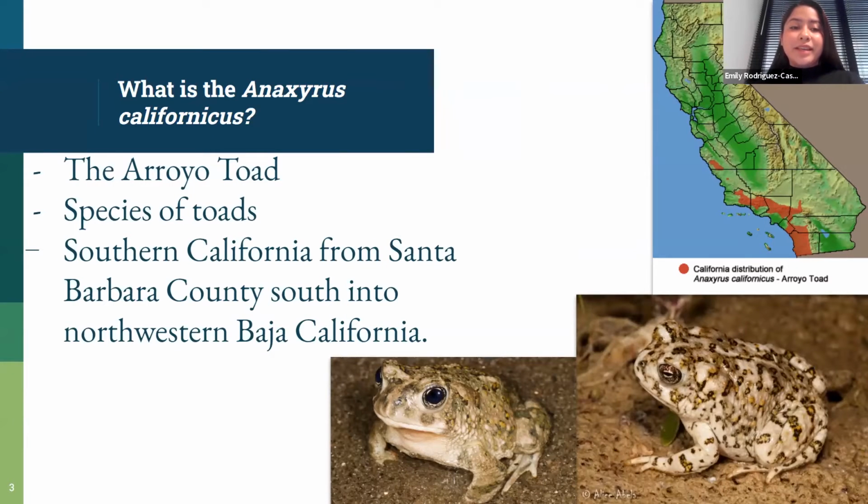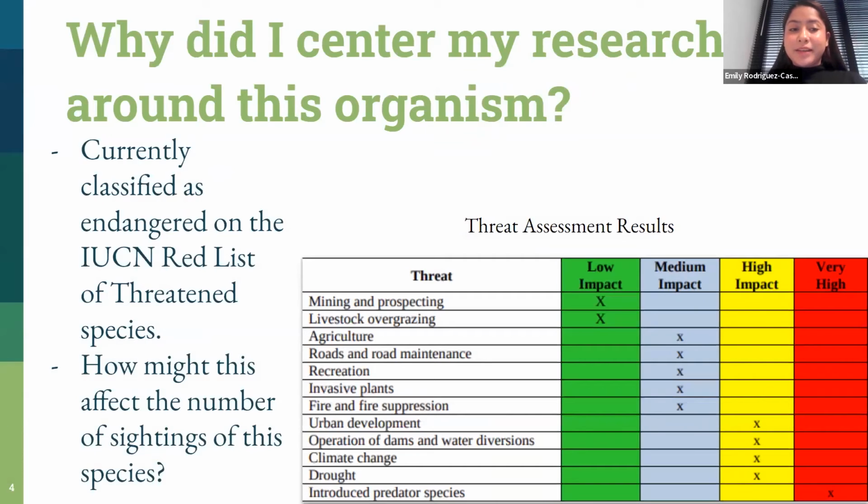So my paper centered around the Anaxyrus californicus. This is commonly known as the Arroyo Toad, and it's a species of toads found in California and in places in Mexico. And I chose this organism because it's currently classified as endangered. And I thought it would be interesting to see how species numbers would be reflected in iNaturalist, and if we would see a downward trend of their species based on observations in the community.